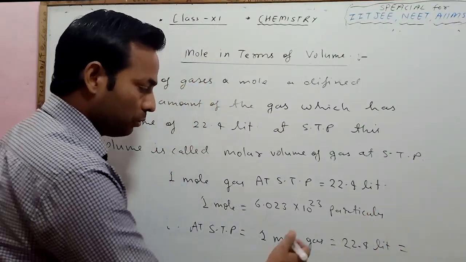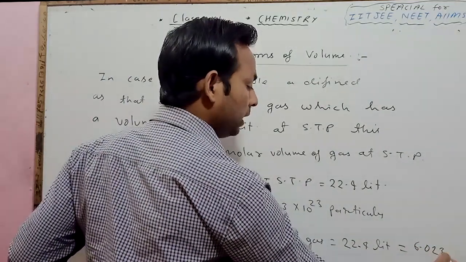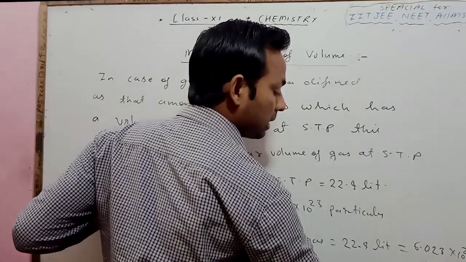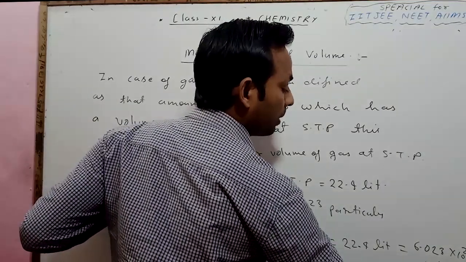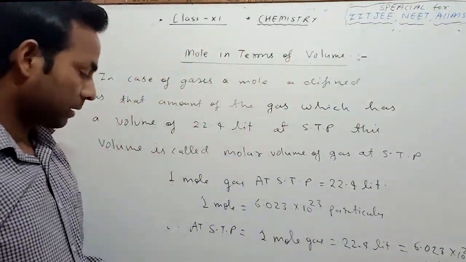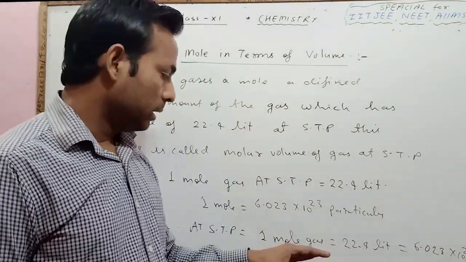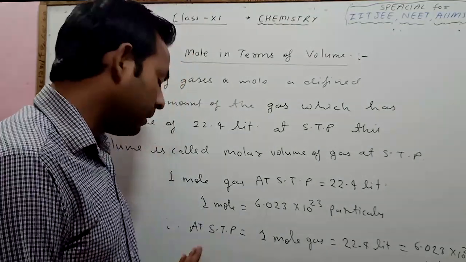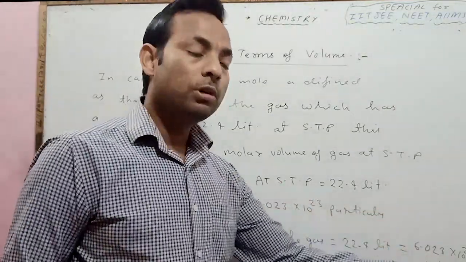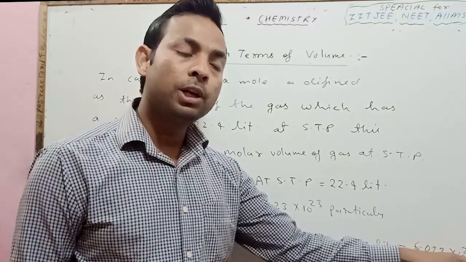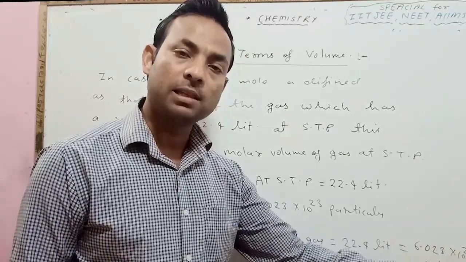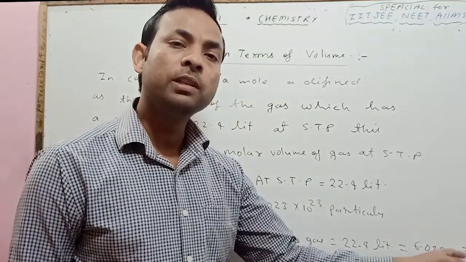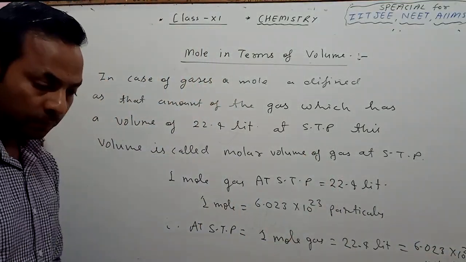It is also equal to 6.023 into 10 to power 23 molecules of gas. Look here, 1 mole gas occupies 22.4 liter volume at STP. It is equal to 6.023 into 10 to power 23 molecules of gas, because 1 mole equals 6.023 into 10 to power 23. Please take a screenshot.